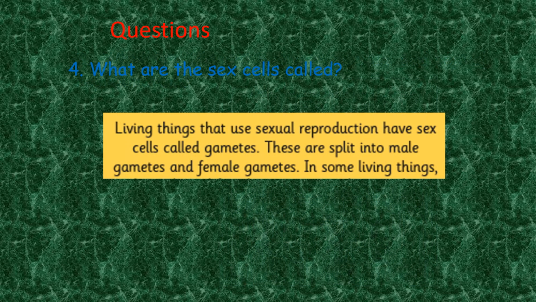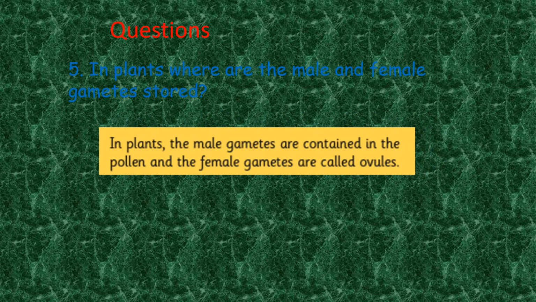So, what are the sex cells called? Well, the living things that use sexual reproduction have sex cells. They are called gametes, G-A-M-E-T-E-S, and these are split into female and male gametes. So there's a female part to the plant and a male part to the plant. In plants, where are the male and the female gametes stored?